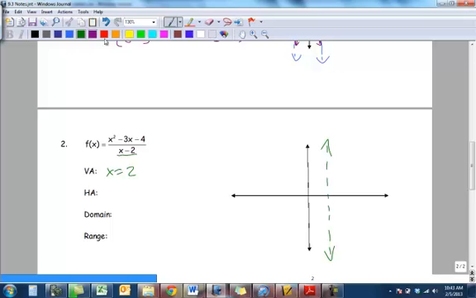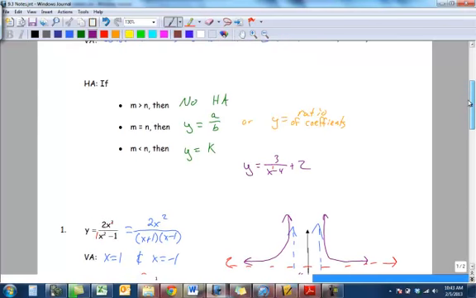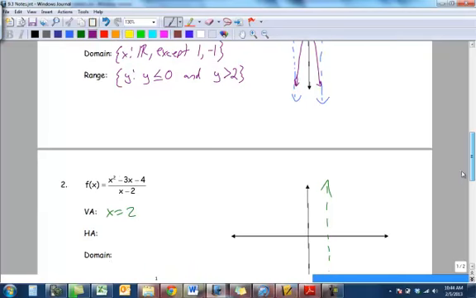Then our horizontal asymptote. Now, which scenario is this? Remember, there's three scenarios: when the top is bigger, when they're equal, and when the bottom exponent is bigger. In this case, the top exponent is 2, the bottom exponent is 1. So what scenario is that?